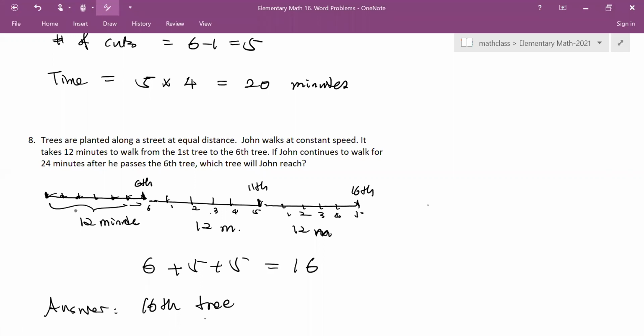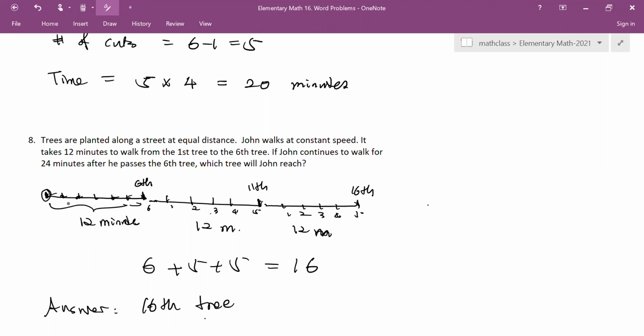You see, that's not difficult. The computation is not difficult, right? Just do the addition, multiplication. So we should be able to figure out the right method. Don't miss anything. Sometimes you ignore the first one. You could assume the gap between two trees is 1 meter, so he walks 5 meters in 12 minutes.